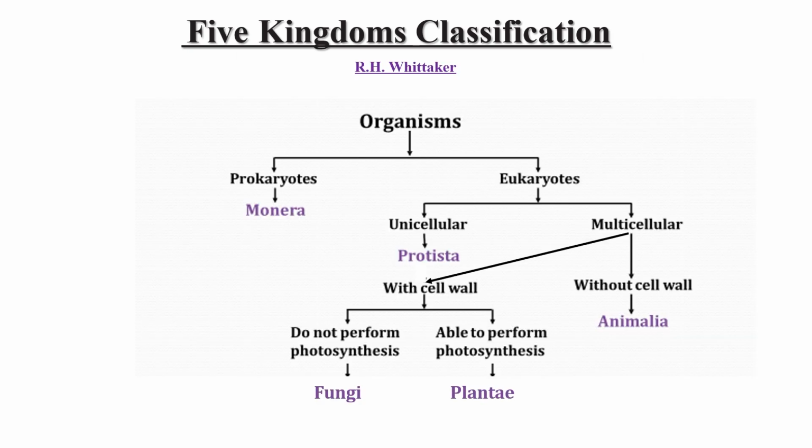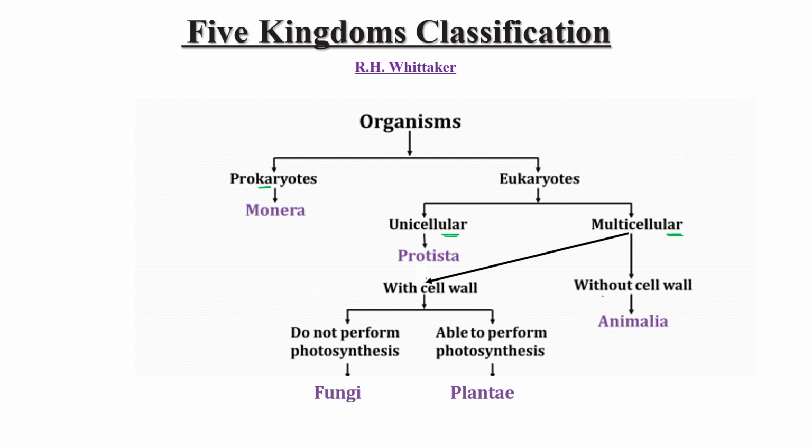In this particular chart, we can see that the organisms are initially classified into 2 different categories: prokaryotic and eukaryotic. A primitive type of nucleus is present in prokaryotic, so kingdom Monera comes under this category. Eukaryotic further divides into unicellular, single cell organisms, and multicellular organisms. Protista comes under the unicellular category, and the multicellular category further divides into 2 on the basis of the presence of cell wall.